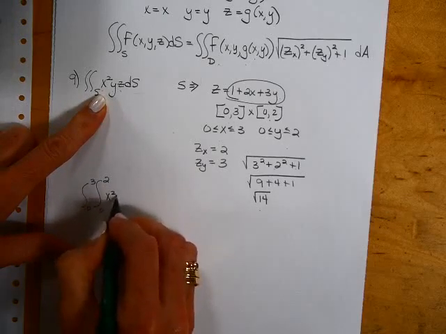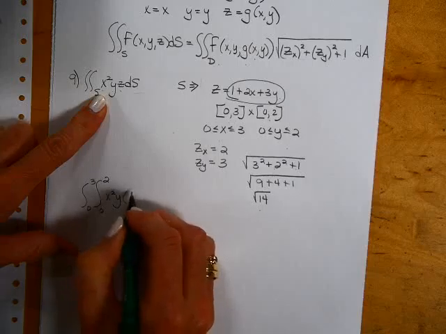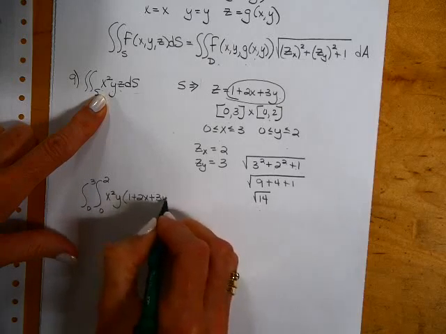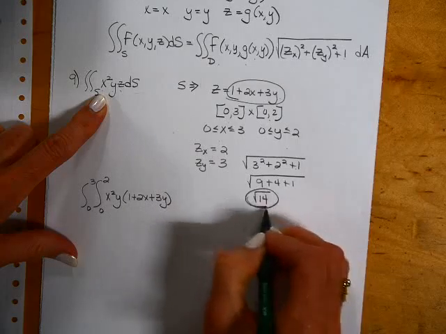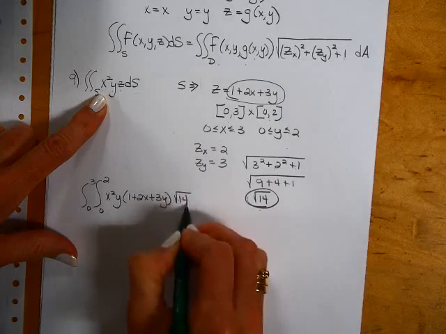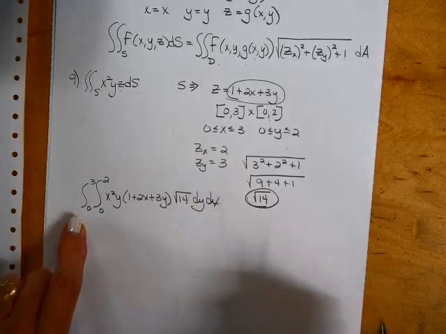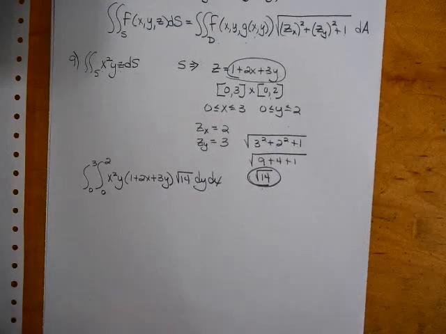You have x squared y, then your z is 1 plus 2x plus 3y. Don't forget your square root of 14. And this one is dy, and this is dx. And that's how you set up that surface integral. And then just stick it in your calculator.